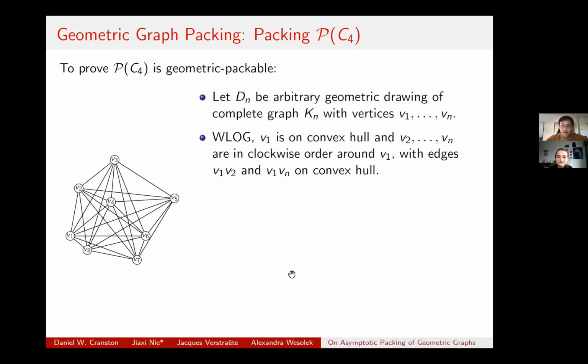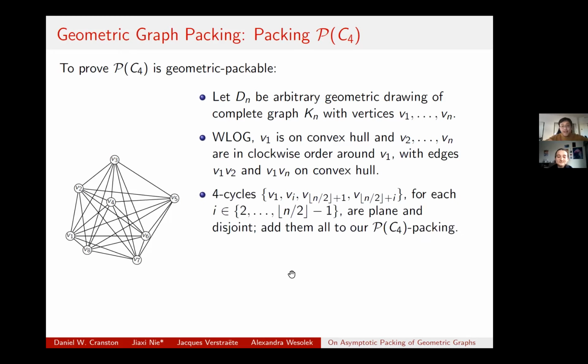We have a figure on the left-hand side. You can see V2 up to Vn are in clockwise order around V1. Then we pick all the 4 cycles in the following forms. You don't need to read that.